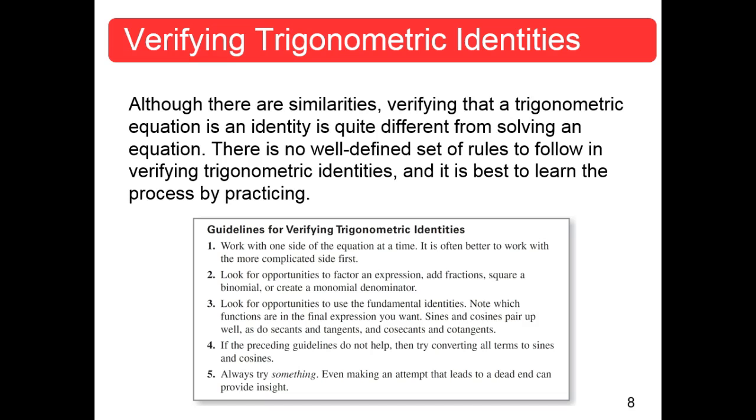Now, just like in simplifying expressions, look for opportunities to factor. If you see them, factor. You might be able to do it on one side or the other. Add fractions. Square a binomial.